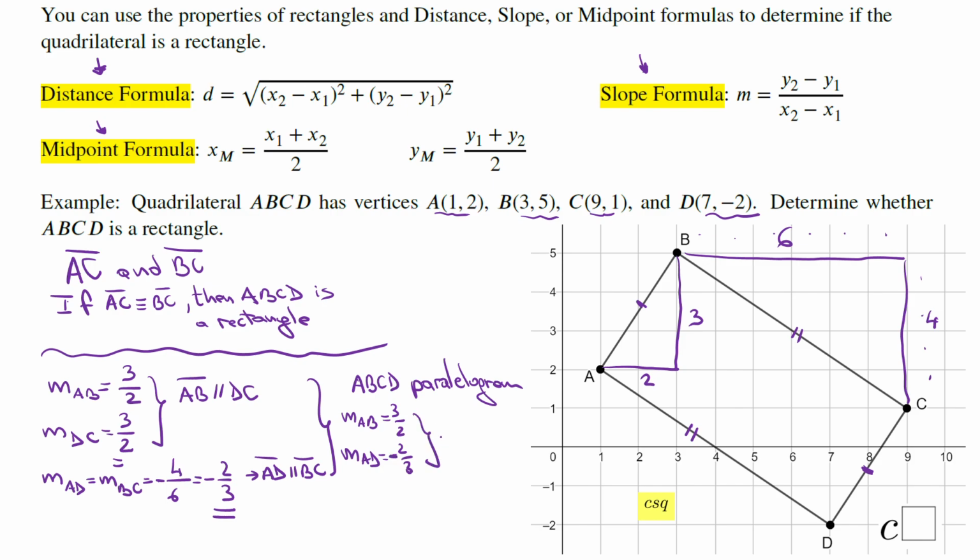So that means AB is perpendicular to AD, which means angle A is a right angle. So now we really know, based on the fact that we have a parallelogram with a right angle, that ABCD is a rectangle.